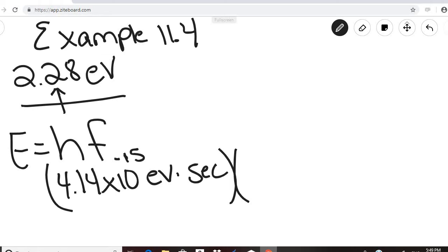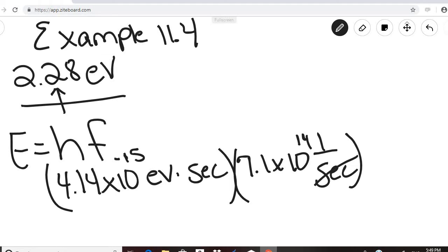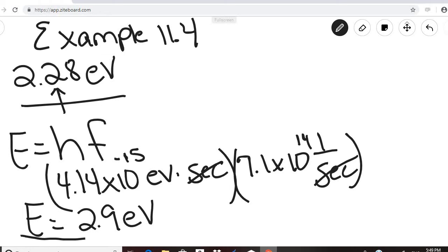The seconds are going to cancel, and you will be left that E is equal to 2.9 electron volts.